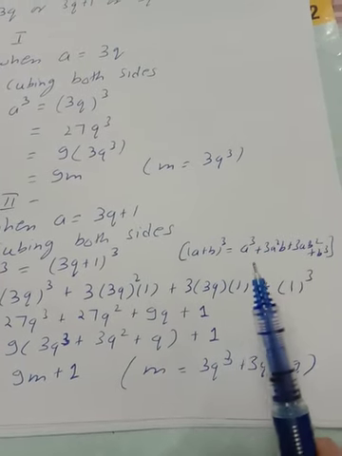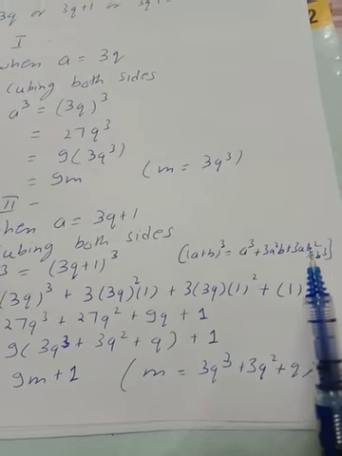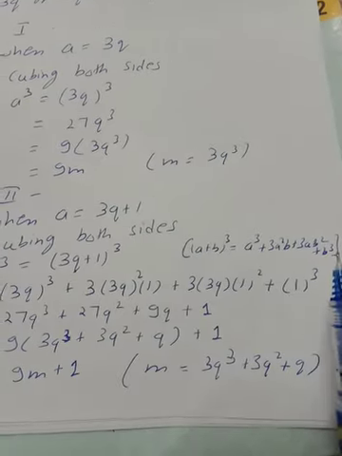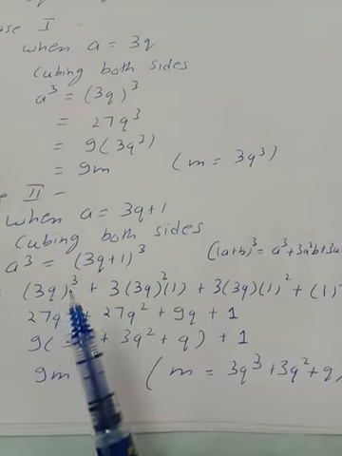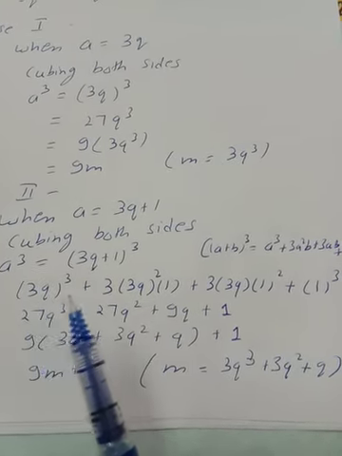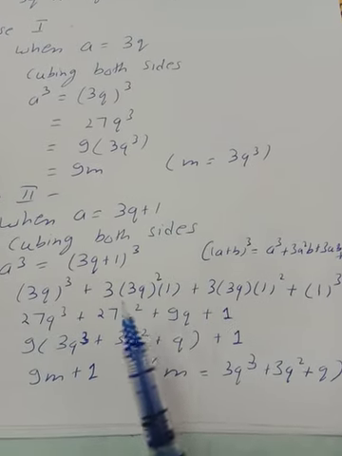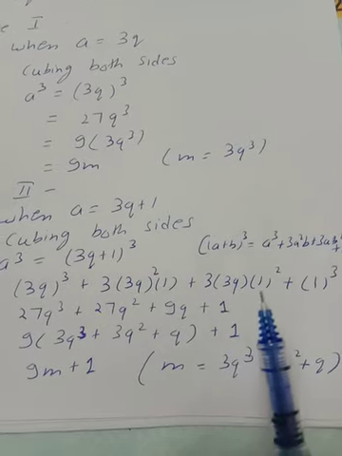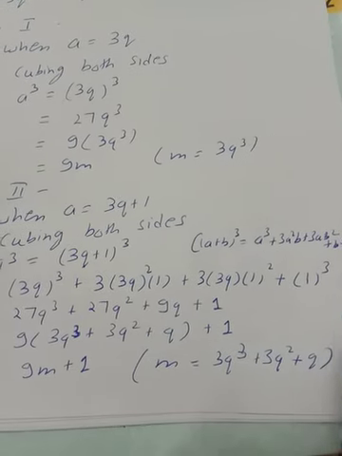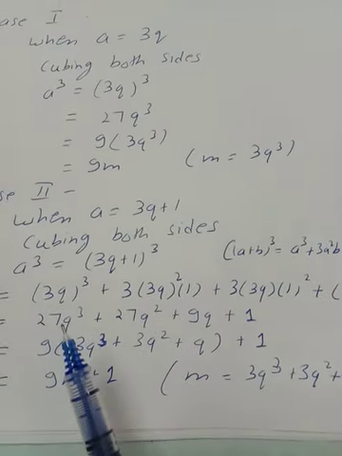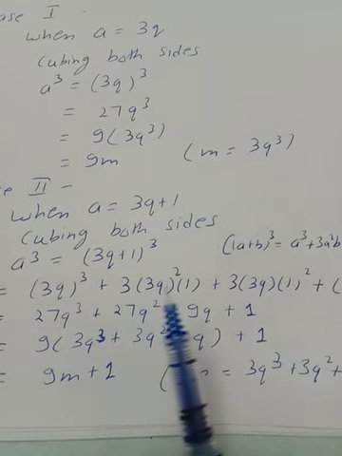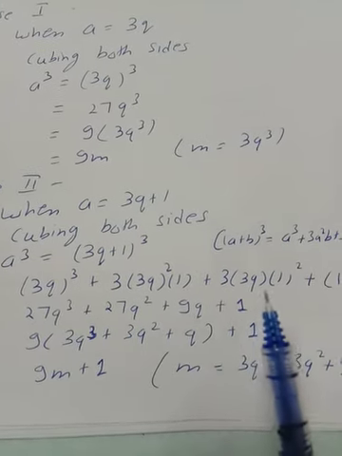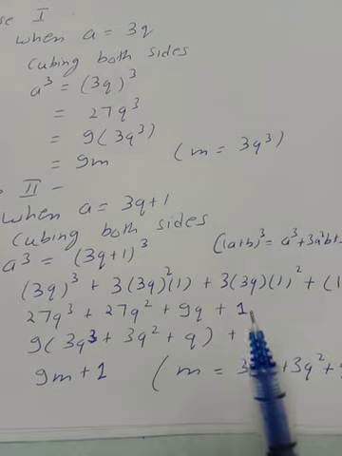That is a cube plus 3a square b plus 3ab square plus b cube. So this will become (3q) whole cube, that is a cube, plus 3a square b plus 3ab square plus b cube. This will become 27q cube, this after solving 27q square, this will become 9q plus 1.